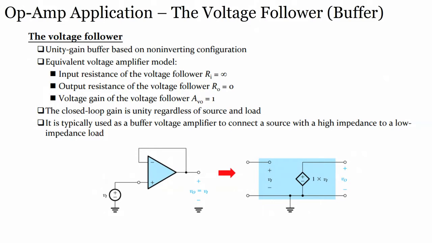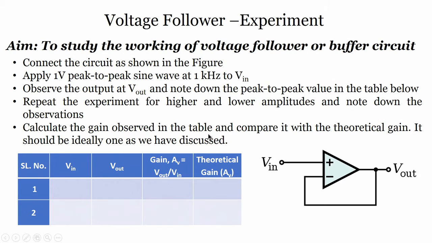Now let us quickly see, if I have a voltage follower and want to do an experiment using it, it is super easy. You have to just use this circuit, that means you have to connect the operational amplifier as shown in the figure, then apply a 1 volt peak to peak sine wave at 1 kilohertz to the input V in.